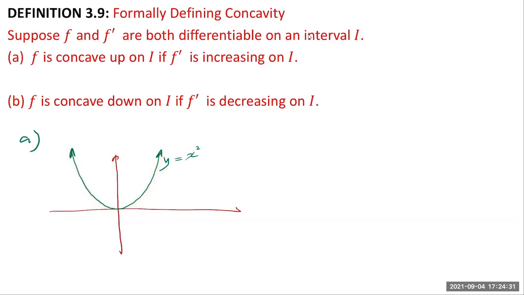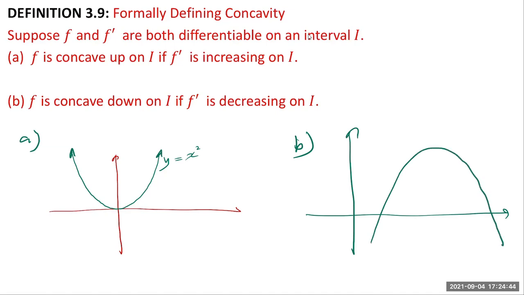Okay. Here is an example of a graph of a function which is concave down. Part B. I'm not going to give an explicit function for that. If you have a function like this, this function is concave down. This is concave up.